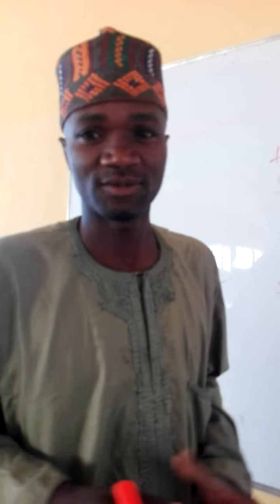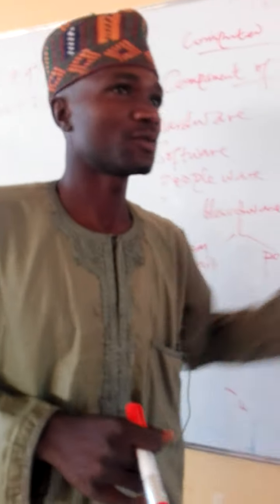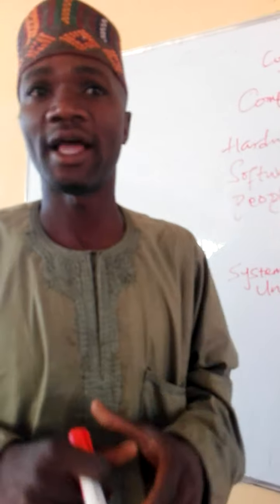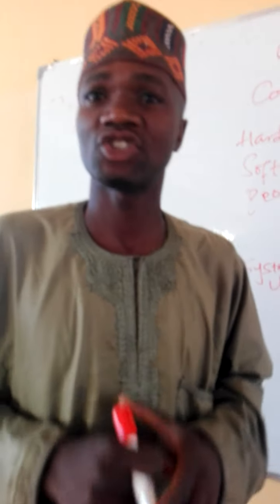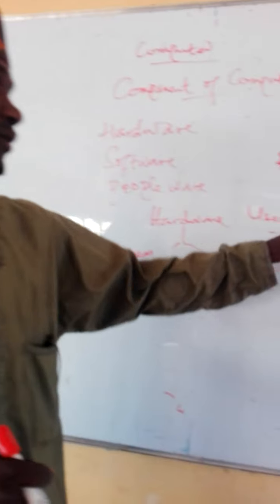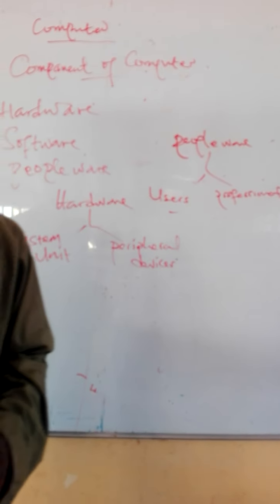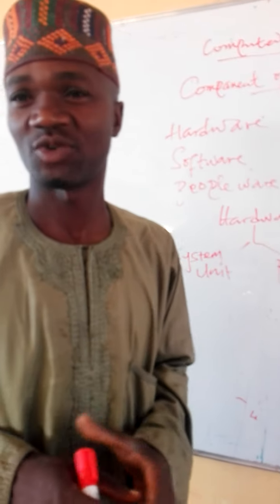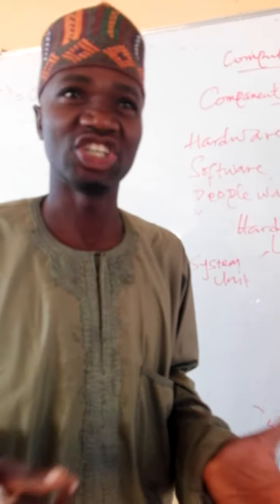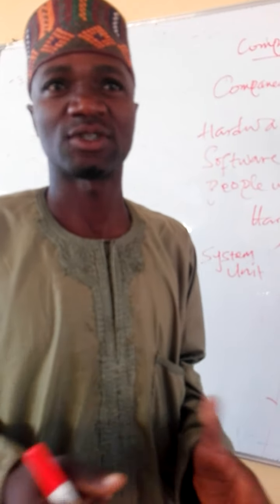Example, the people that use computer in communication centers like GSM. And the professionals are those people that train and acquire a certificate based on computer system. Examples of the professionals, we have computer programmers, computer educators, computer maintainers, computer engineers, system analyst, and the rest.